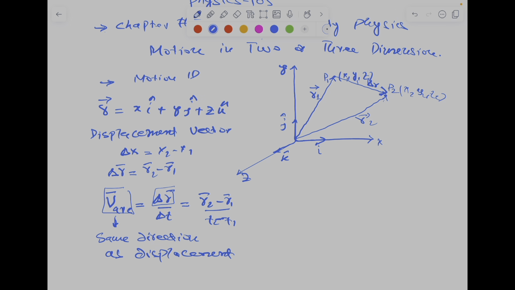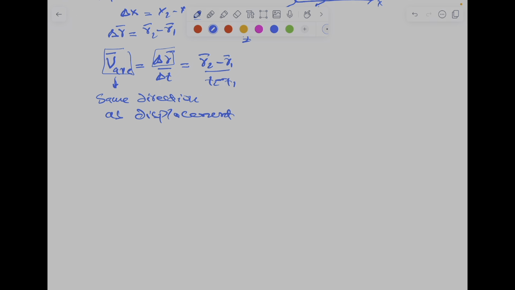Now what's your instantaneous velocity in that case? Instantaneous velocity is the rate of change of position vector with respect to time at any given instant.